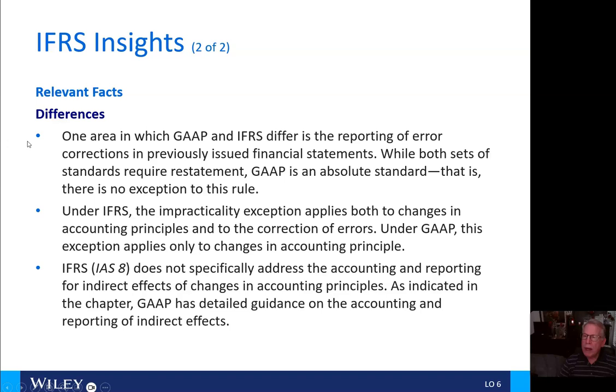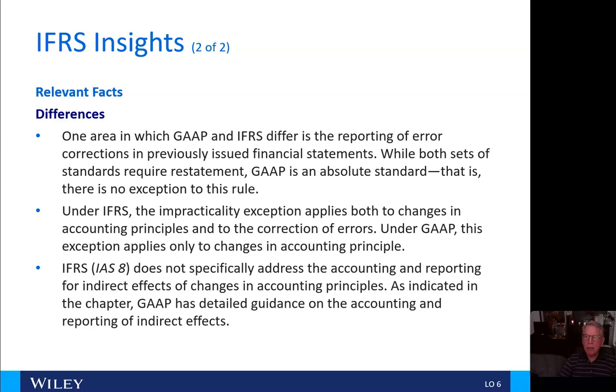One area in which GAAP and IFRS differ is the reporting of error corrections in previously issued financial statements. While both sets of standards require restatement, GAAP is the absolute standard. That is, there is no exception to this rule. Number two, under IFRS, the impracticality exception applies both to changes in accounting principles and to the correction of errors.